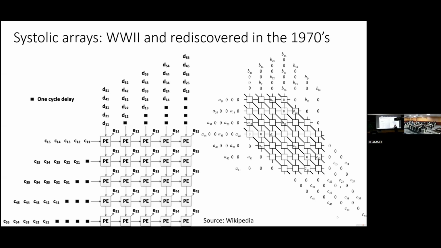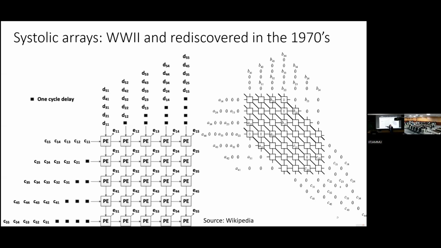But the idea with systolic arrays is that you have an array of processing elements, and they can have different topologies. Topology means how these processing elements are connected to each other.